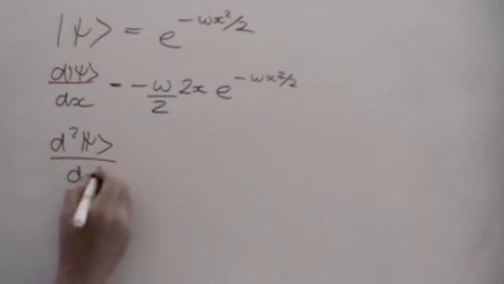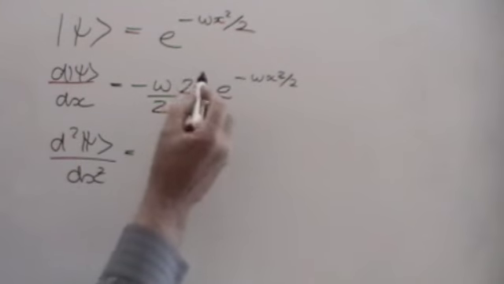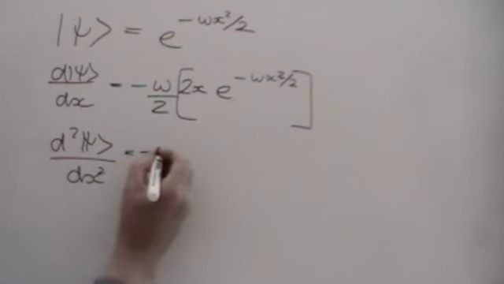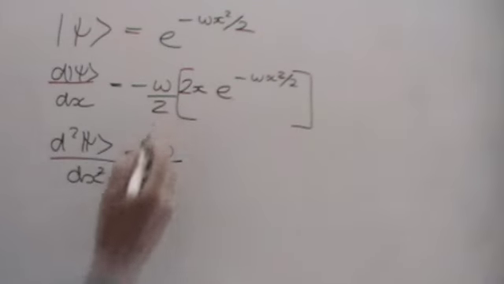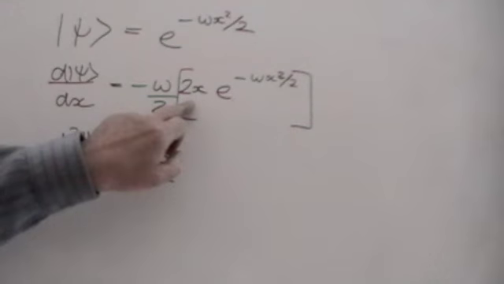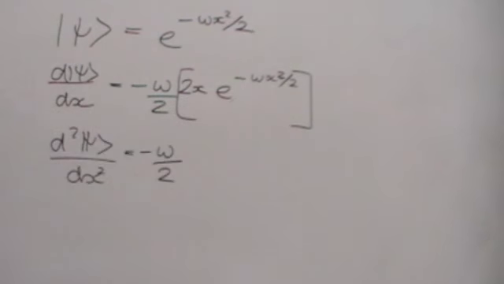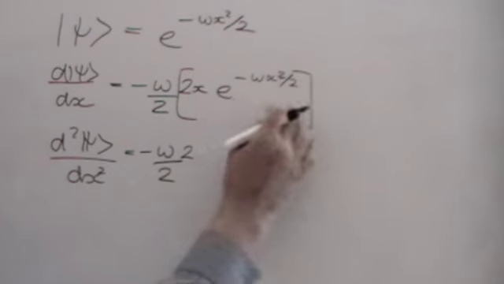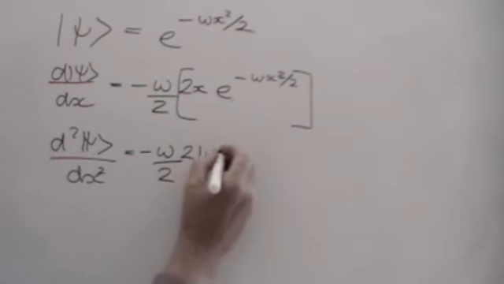d2 psi by dx squared is going to be, well, sorry, this is now the differential of a product, 2x and this term here. So it's going to be minus omega over 2, which is that term here. And now we first do the differentiation with respect to this term, but leave that one alone. So we are simply going to get 2. And then this term is just, of course, psi.